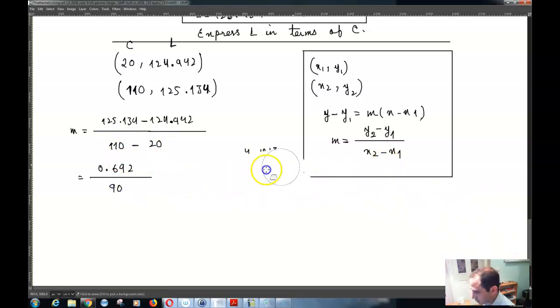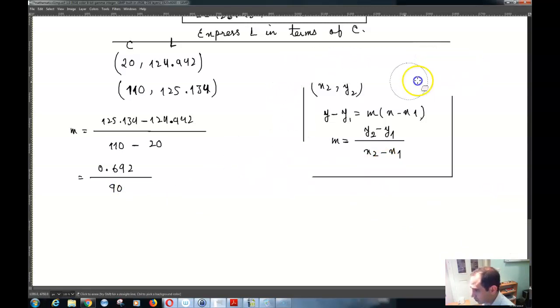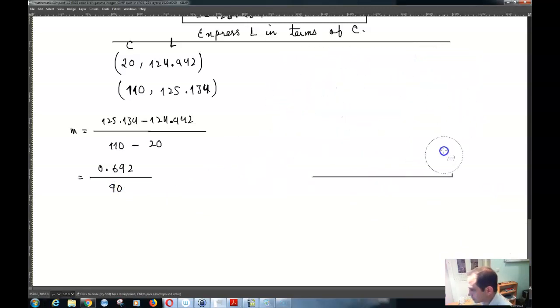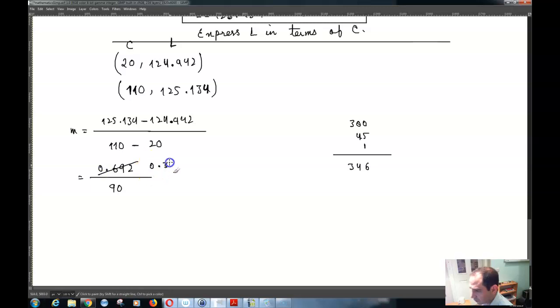You might be able to simplify this ratio. If you divide the numerator by 2 you get 0.346, and the denominator becomes 45.